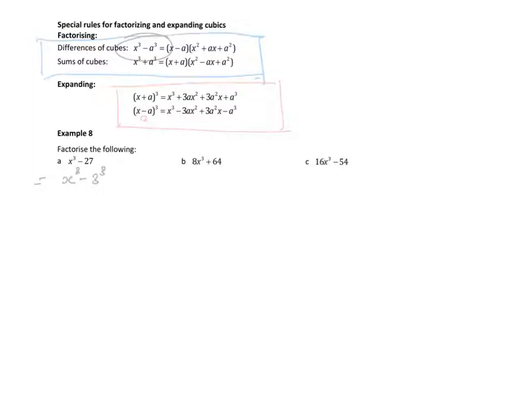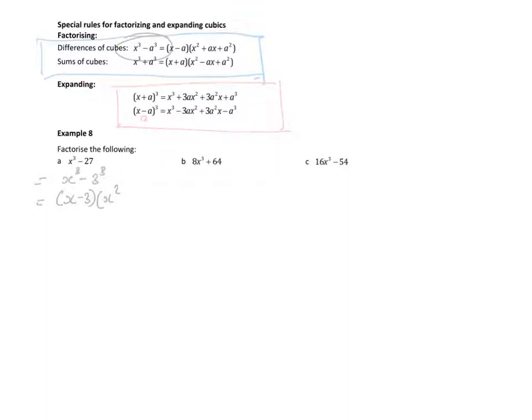This rule up here says when you factorise, it is the first term minus the second term. Our first term here is x and our second term is 3. So it will be x minus 3. In the next bracket, it is the first term squared. Our first term is x, so it becomes x squared, followed by the first term times the second term.